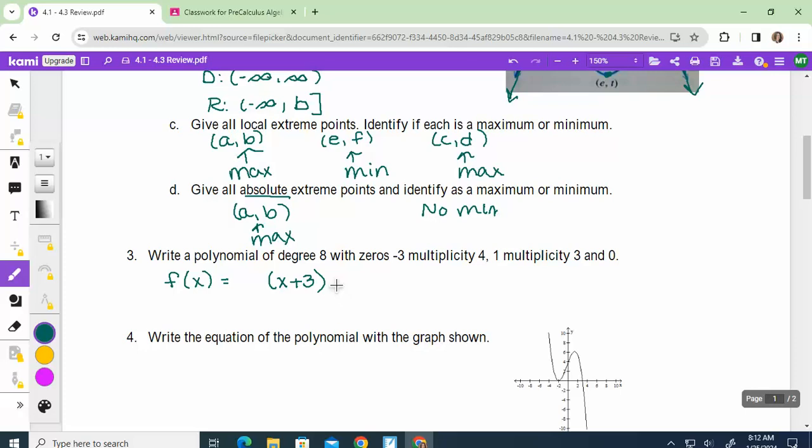Then 1, so we would have multiplicity of 3, and if 0 is a zero, what do we put? An x. So you could put it anywhere. I'm just going to throw it in front, but it doesn't matter if you put it at the end. Is that degree 8? Yeah, so that's all we need.